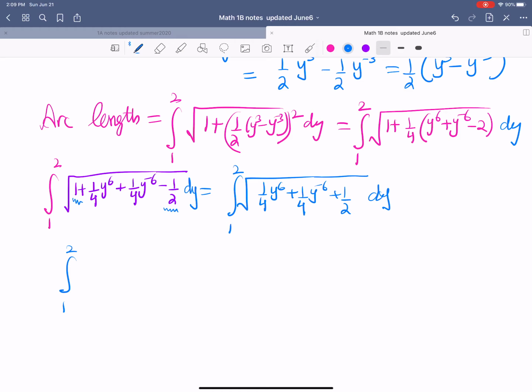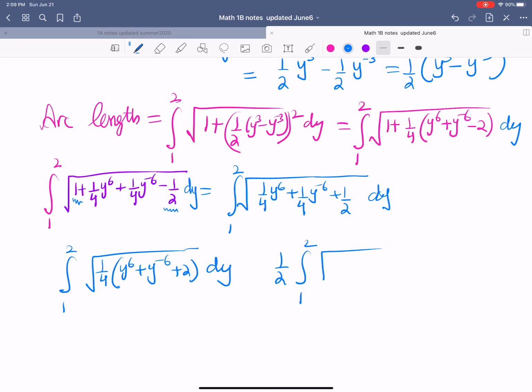So between 1 to 2 square root, pull out a 1/4. That leaves me with y to the 6th plus y to the negative 6. If I pull a 1/4 out from here, then I have a plus 2 here, dy. Getting the 1/4 out of the square root, I would have a 1/2 out, and inside y to the 6th plus y to the negative 6 plus 2, dy.